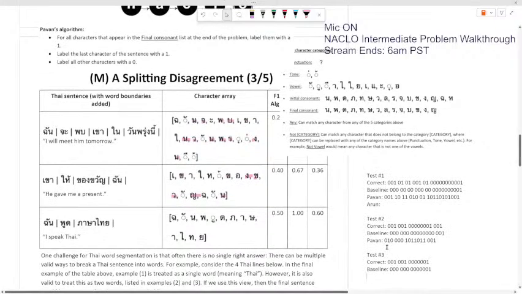Okay, so for Pavan for test 3, let's highlight in the character array. This is not a final consonant, it's just not. Highlighting this one. Highlighting this one, yep. Highlighting this one.